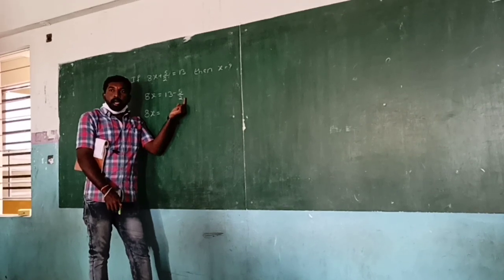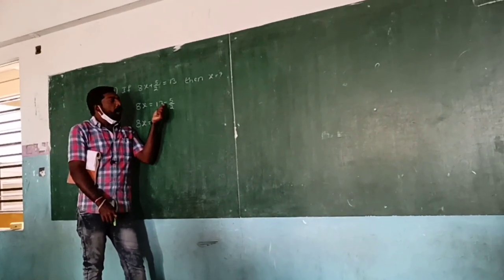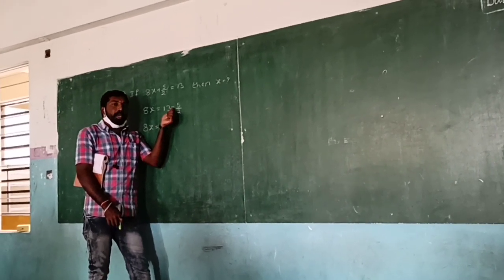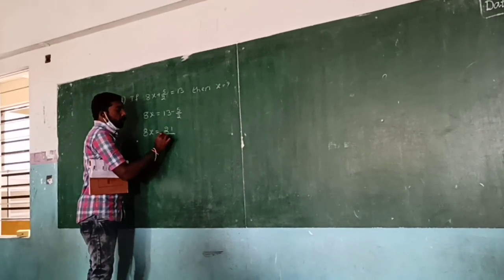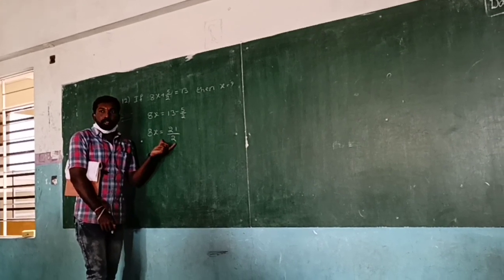Is kada? So 2 13s are 26. And what is the sign here? Minus. So that 26 minus 5, 21 by 2. మీరు LCM చేసినా కానీ ఇది ఆన్సర్ వస్తుంది.